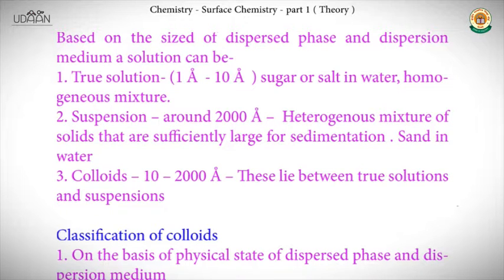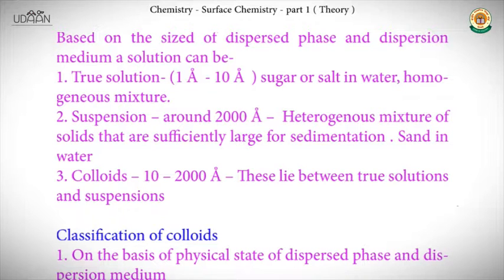For example, sugar or salt in solution, it's a homogeneous mixture. It cannot be separated by filtration, and it's very uniform, very homogeneous. You cannot detect the dispersed phase using naked eyes, and not even using a microscope. You need a very powerful microscope for the detection.